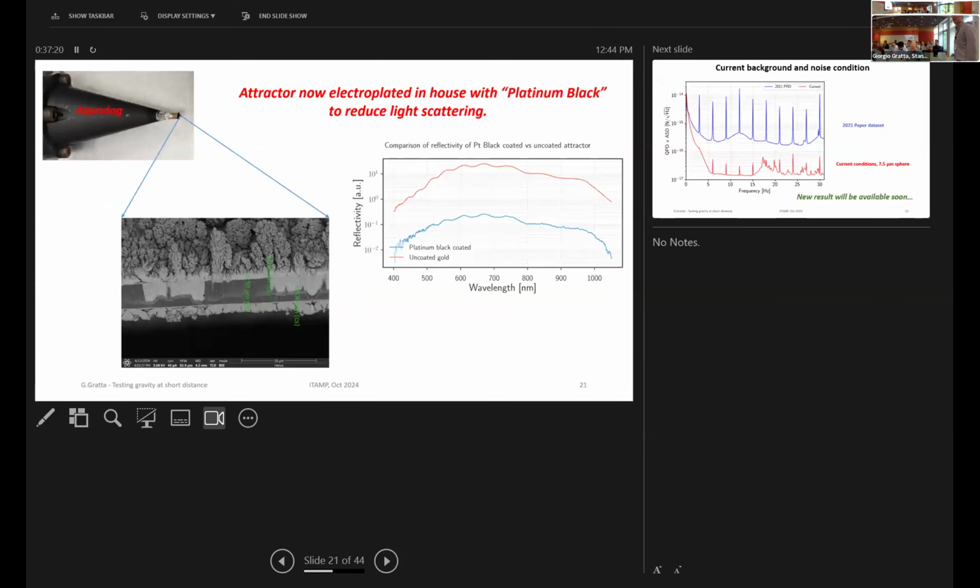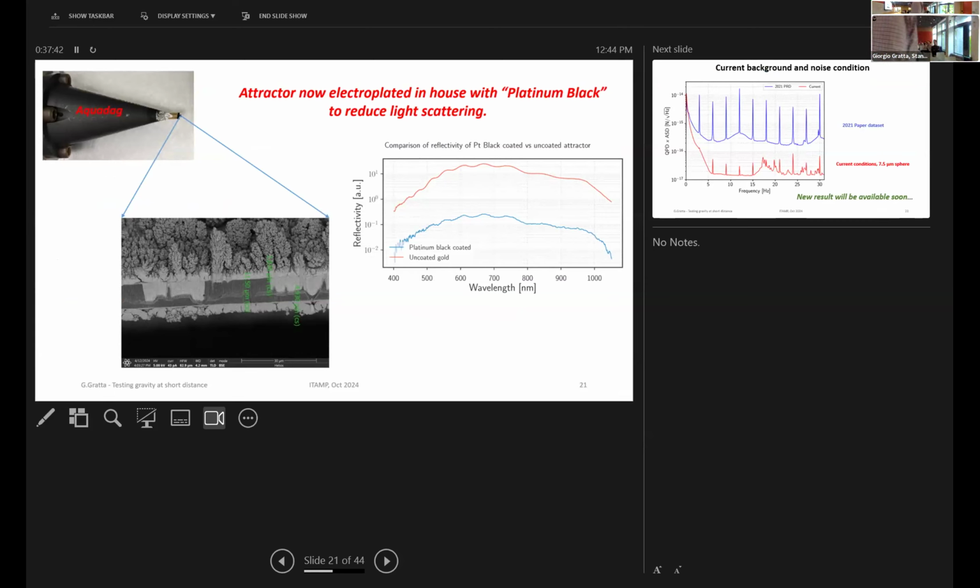All right, so in the meantime, we have fixed, or at least greatly improved, electrostatic backgrounds. Then we discovered that we have an optical background due to the scanning. Even if you do all your optics as well as you can, there is always a little bit of scattered light somewhere in the trap.